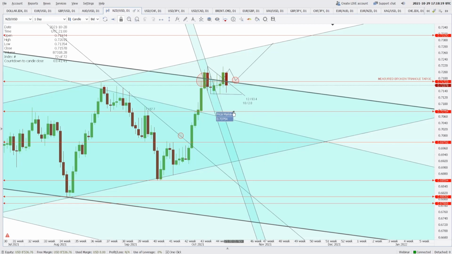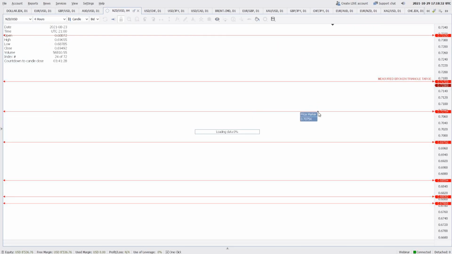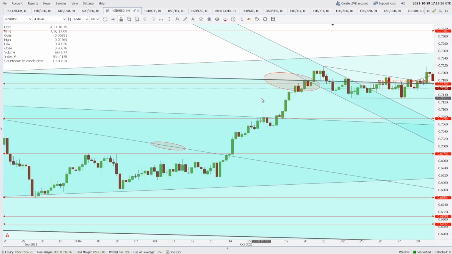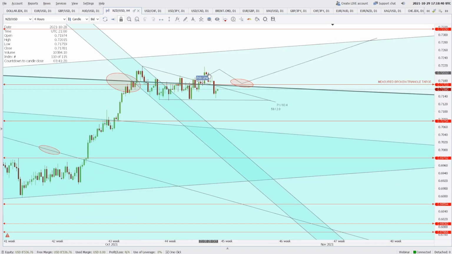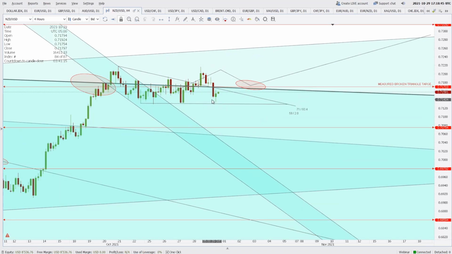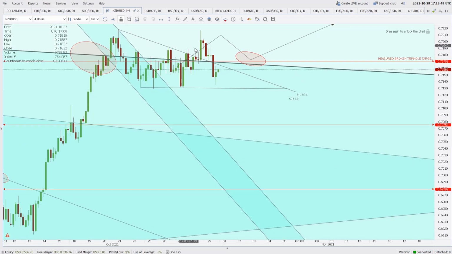New Zealand dollar, on similar lines like euro and pound, has broken below the low of yesterday's candle, but has managed to stay up from this triangle. You see, I have discussed with you that there is a triangle forming on the 4-hour, and the price actually broke above this, and it was supposed to take support here and then go up, but it did not, although it came back below here and is again now within the triangle.